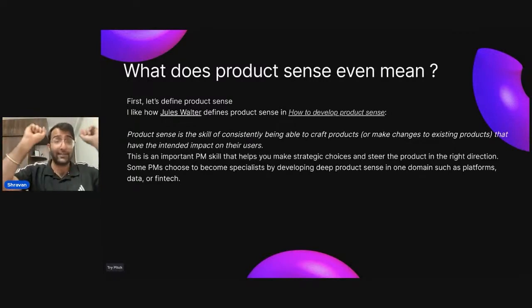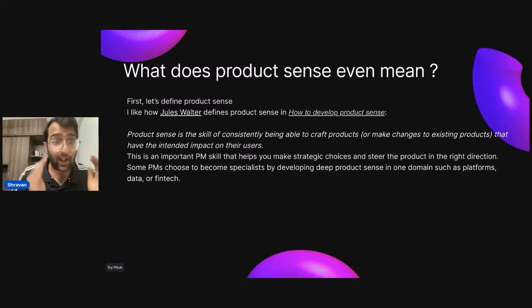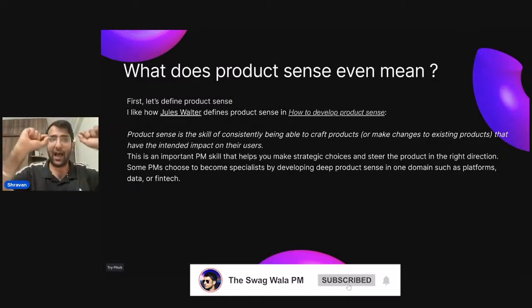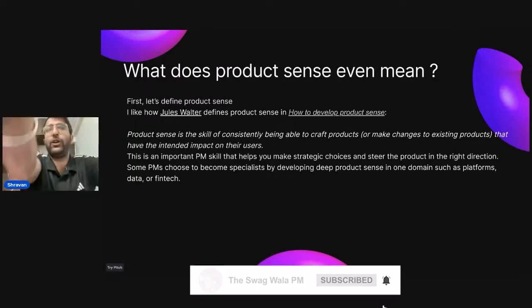Again, I will repeat. The definition of product sense is that you essentially craft products or make changes to existing products at a feature, or probably at a platform level, which have the intended impact on the users. Intended means the hypothesis that you had built: after I build this, this is going to happen.